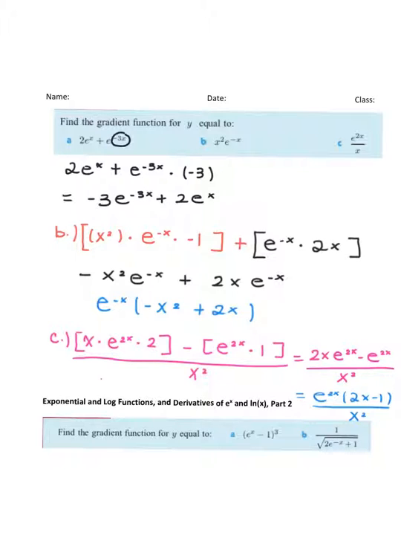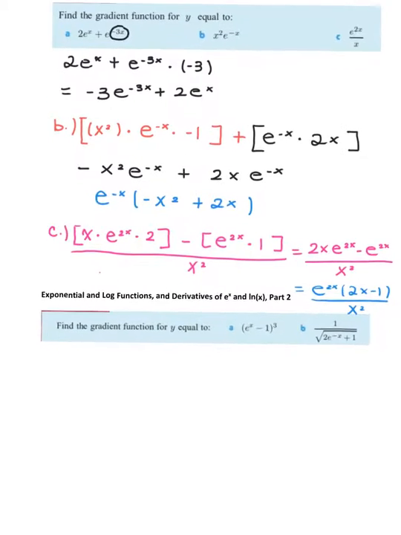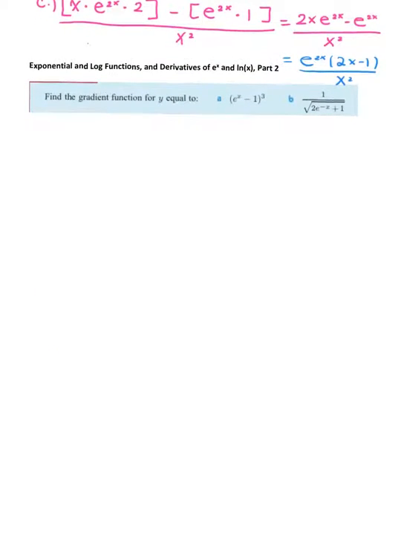Okay, we're going to talk about chain rule with this now. So let's take a look at these last two. It says find the gradient function for y equal to e to the x minus 1 cubed. That's chain rule because I've got something cubed.